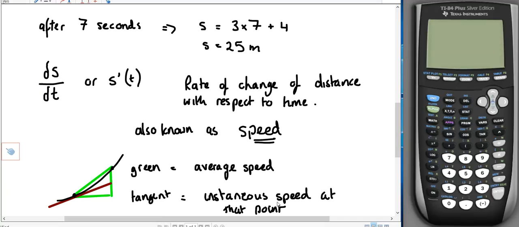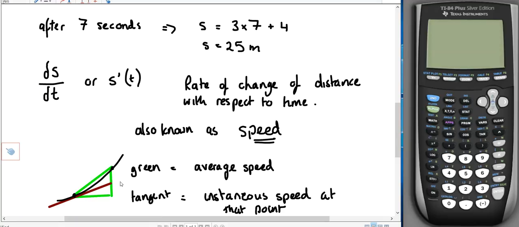The question will say by drawing a tangent, or use the graph to estimate the speed. The difference is, if you wanted the average speed between two points, you would do the rise over run. But if I was asked to estimate the speed at 10 seconds, I would do the tangent at that point and work out the gradient of it.